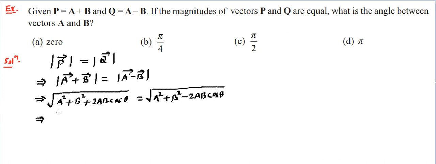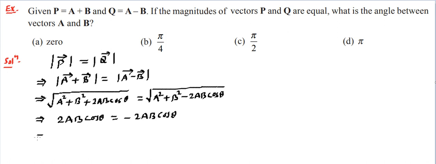What we can do next is a little bit of mathematics. That means we can square both sides. When we square both sides, the square root will go off, then you'll find a square plus b square on both sides, which will get cancelled out. If I write directly, twice ab cos theta will be left on the left hand side, and on the right hand side we will find minus twice ab cos theta.